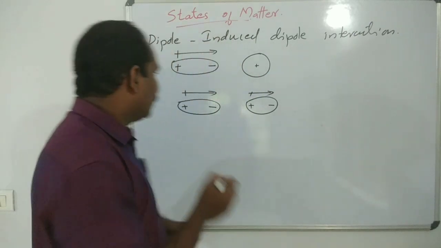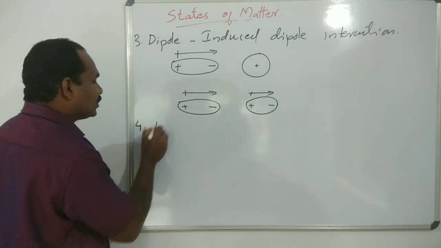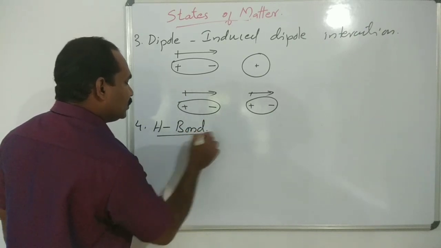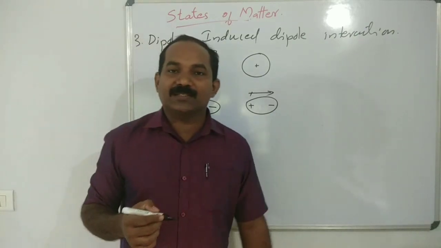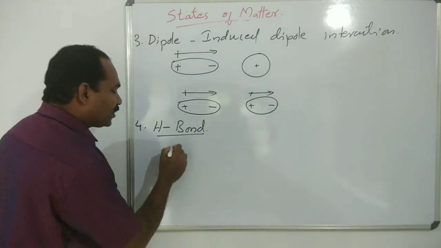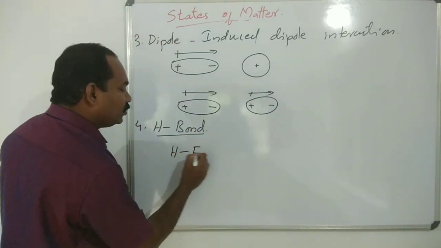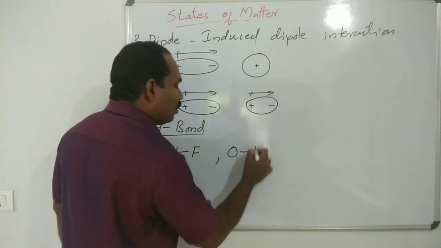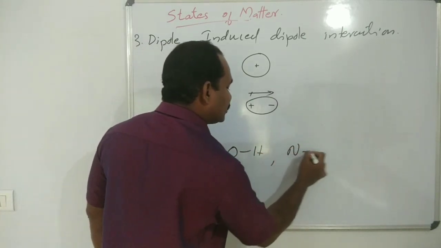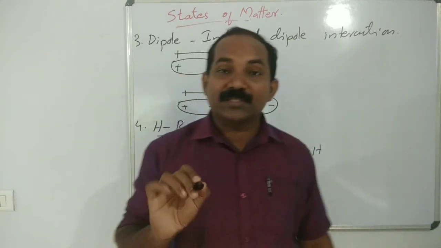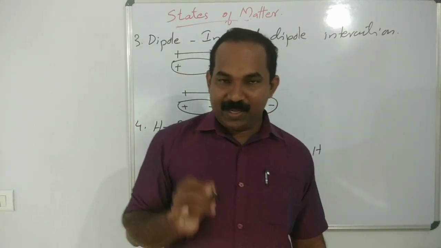And the fourth one is hydrogen bonds. This was already discussed in the last chapter. What is a hydrogen bond? When hydrogen is bonded to electronegative atoms such as fluorine, oxygen and nitrogen, the bond is polarized.